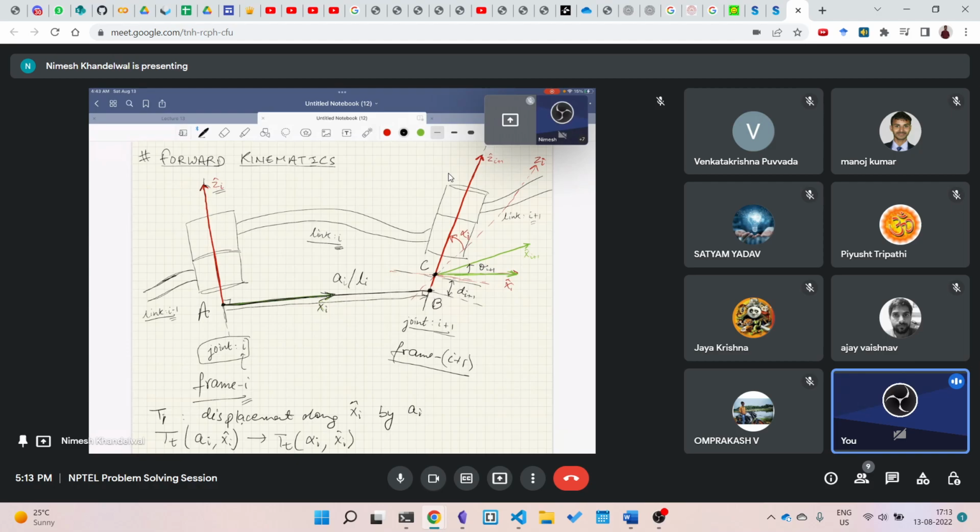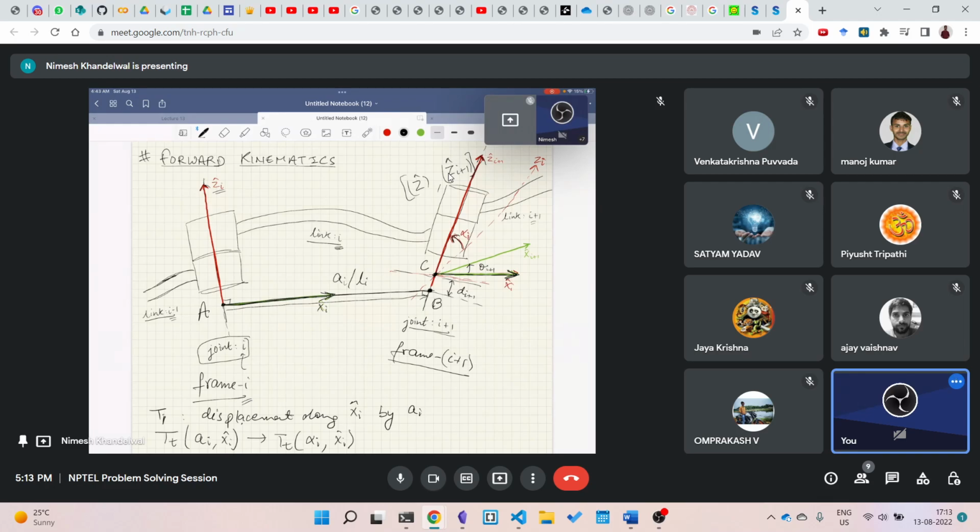Now at this point you can see that we have rotated zi by alpha i. Our xi is here, marked in black over green, but our new zi after this transformation coincides with zi+1. So zi and zi+1 are on each other; they are coincident, and that is what we wanted partially.